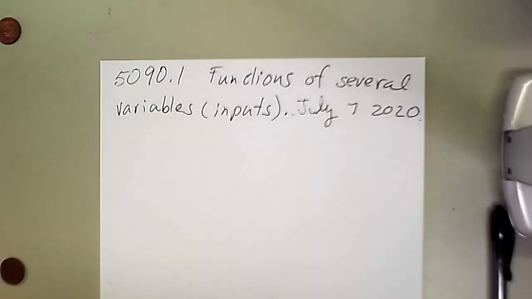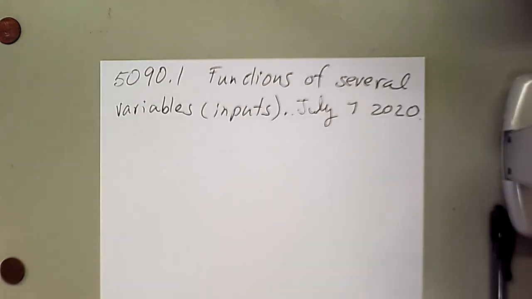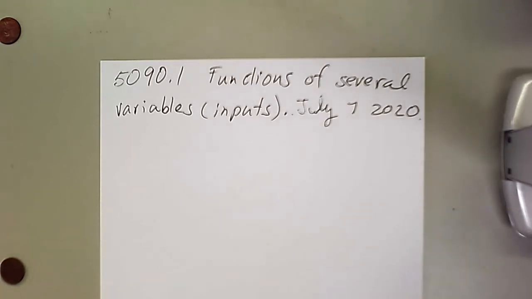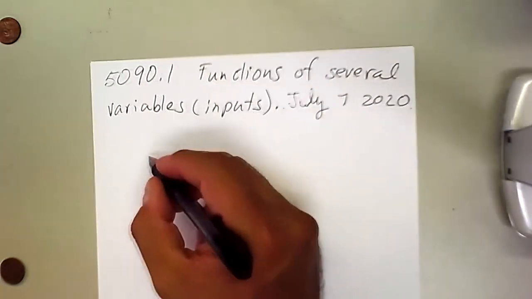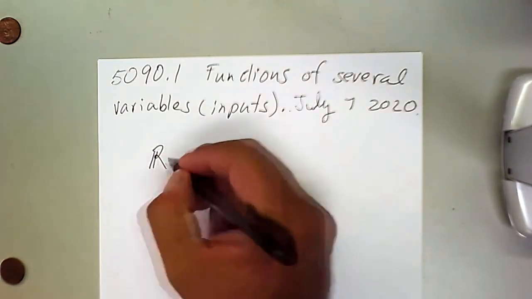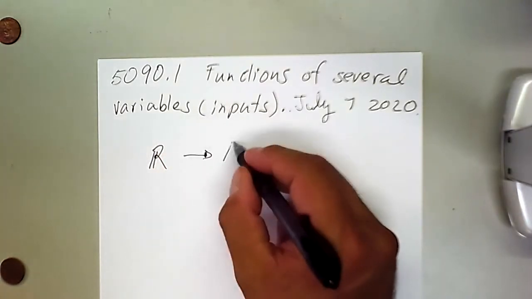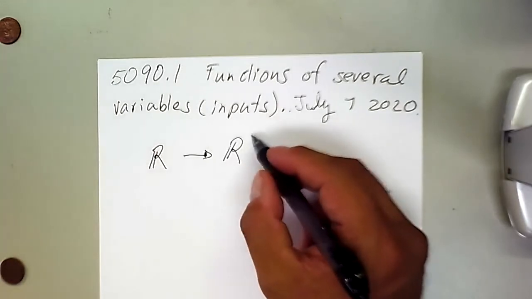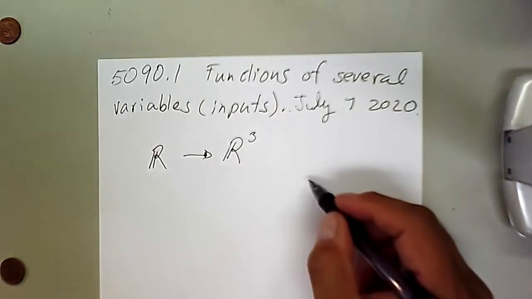Okay, now we're going to do different kinds of functions than the ones we've seen in previous videos. The functions we've done thus far have a domain of real numbers, and the range is three-dimensional space.